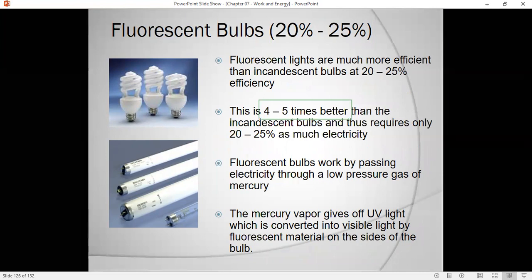Again, the big problem that we had with these bulbs for a while is we certainly got much better efficiencies, but it came at a cost. The mercury vapor inside these bulbs, which is used to create the UV light, which is then converted to visible light, is highly toxic.